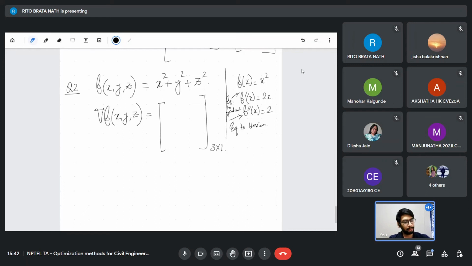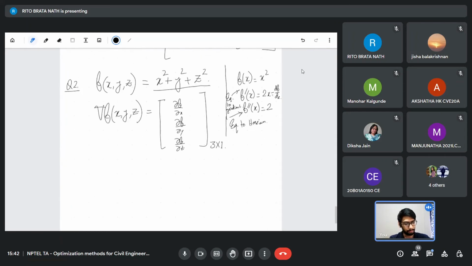Whenever I ask you to find the gradient of this function, you just take the first derivative, which is nothing but df by dx. Here you have three variables, so you do del f by del x, del f by del y, del f by del z. These are partial derivatives because you have a function of multiple variables.